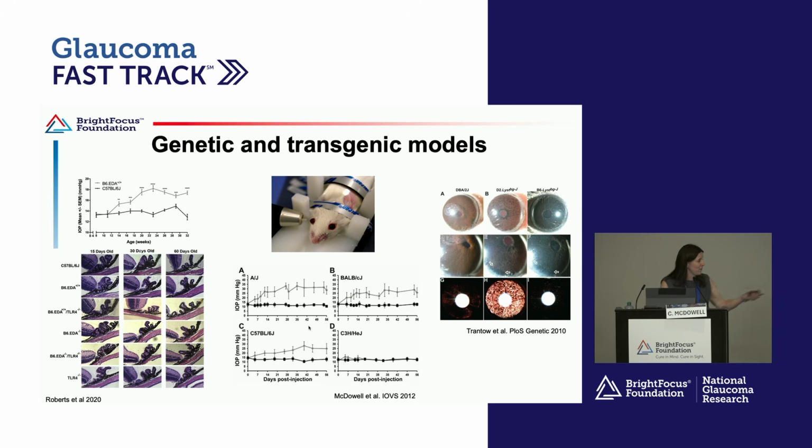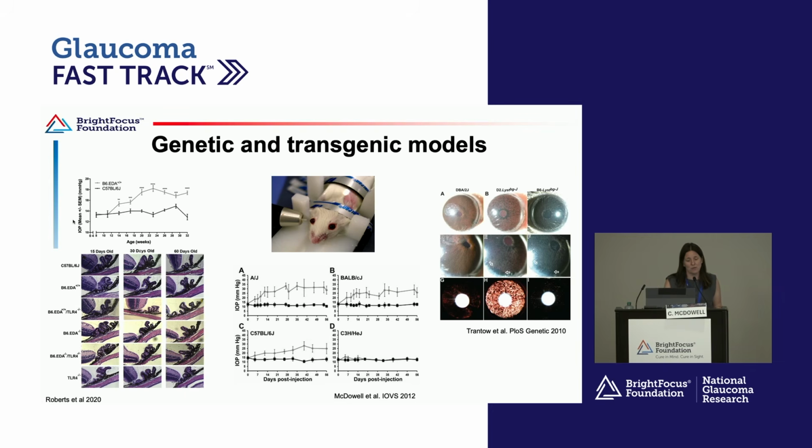As a postdoc with the esteemed Abe Clark sitting right here, we did a lot of strain surveys. So using inbred mouse strains to detect strains that were more or less susceptible to different treatments. So this is just one example here where we were overexpressing TGF-beta2 in the trabecular meshwork to look at intraocular pressure phenotypes between different inbred mouse strains.